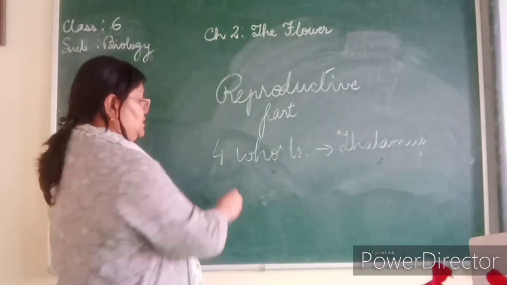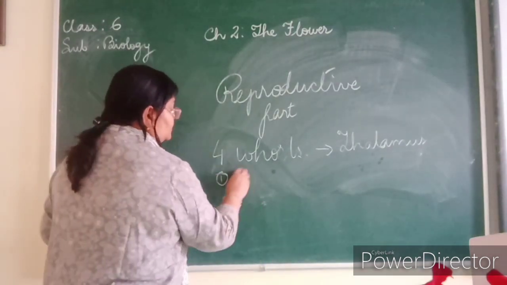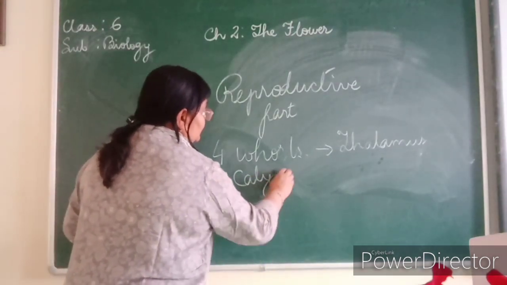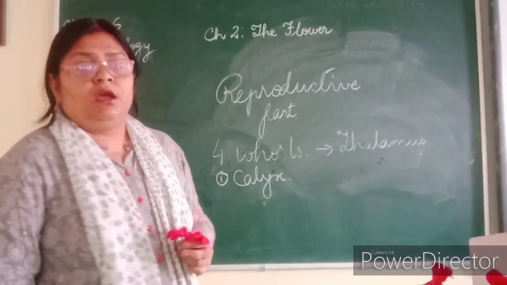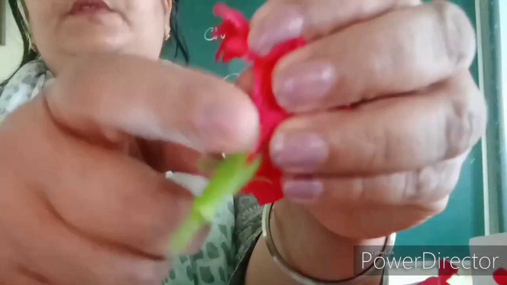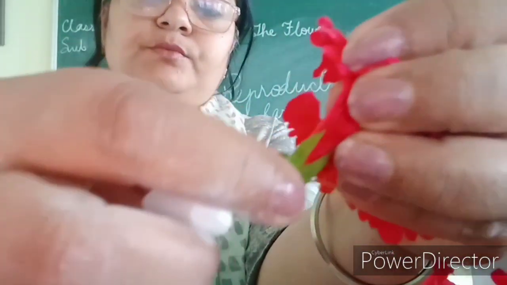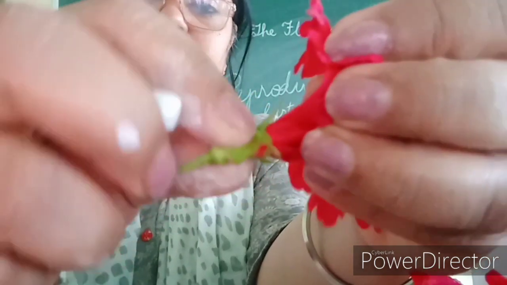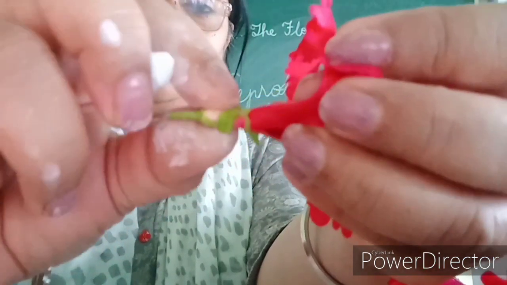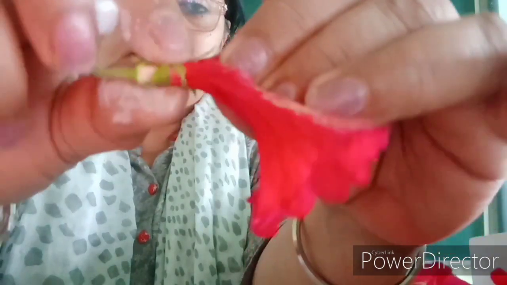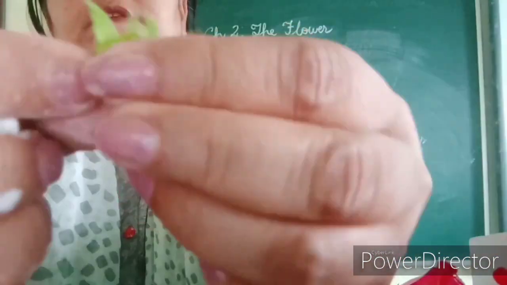So now what are the 4 whorls? To start with, the first or the outermost whorl is called the calyx. So let us see the calyx. You can see in this flower the green outermost whorl. I am going to remove it and you will see the ring coming off. Okay, so this is the calyx.